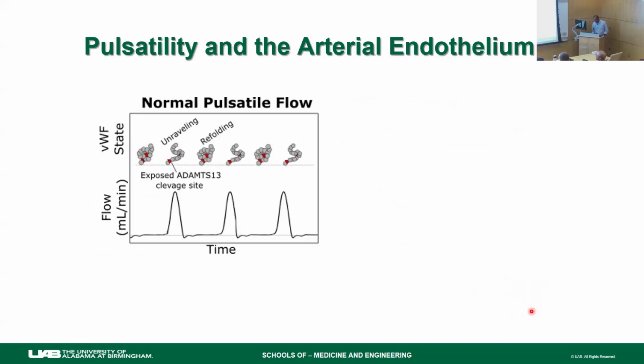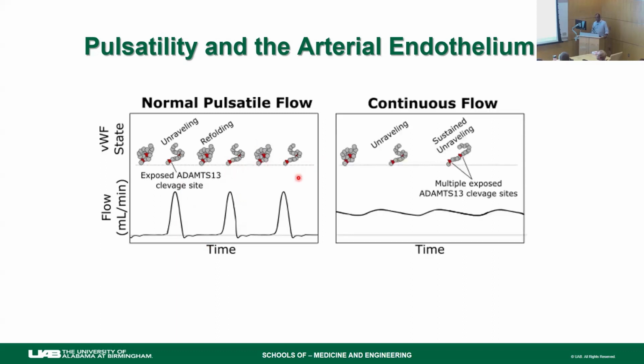So then we hypothesized that von Willebrand factor, when it's released from arterial endothelial cells in response to pulsatile blood flow, unravels, but when the flow stops, it refolds. It's kind of like a spring. This partial unraveling maybe exposes the initial ADAMTS13 cleavage sites and not the internal ADAMTS13 cleavage sites.